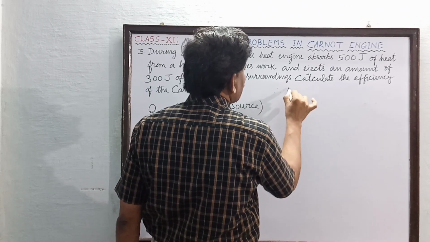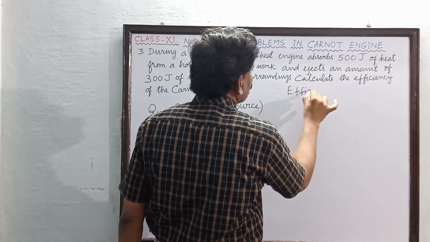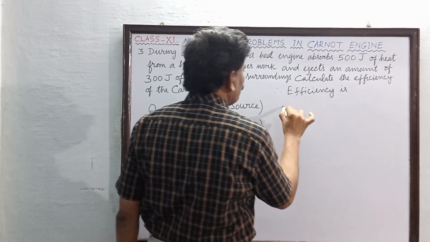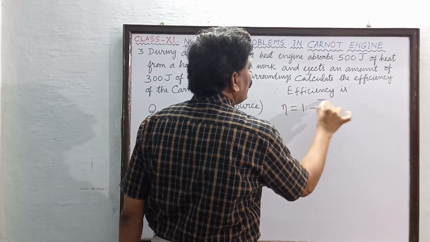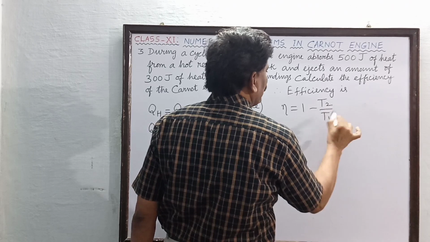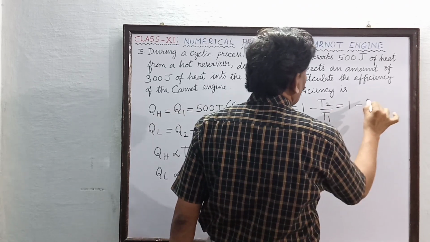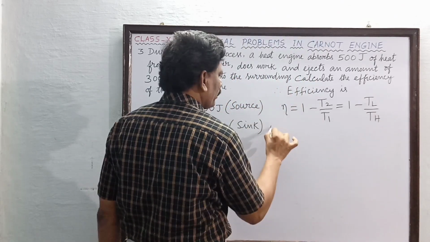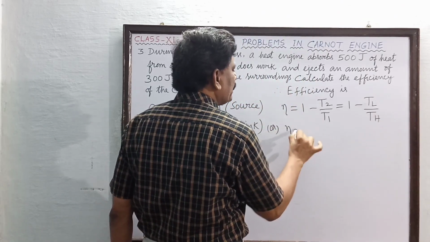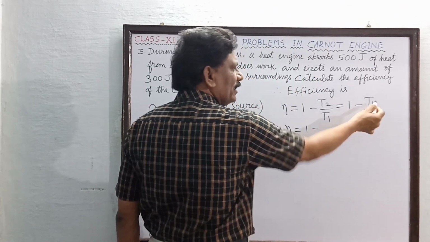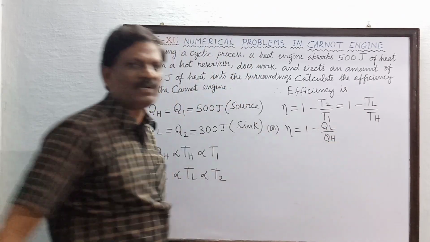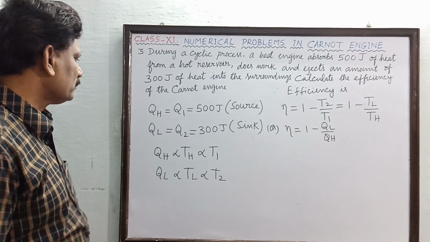So, efficiency is given by eta is equal to 1 minus T2 by T1. This is equal to 1 minus TL by TH, or eta is equal to 1 minus QL by QH. This is the expression I am going to use.